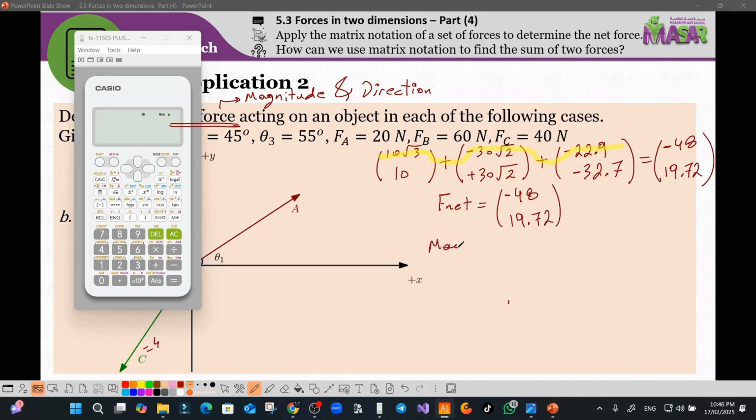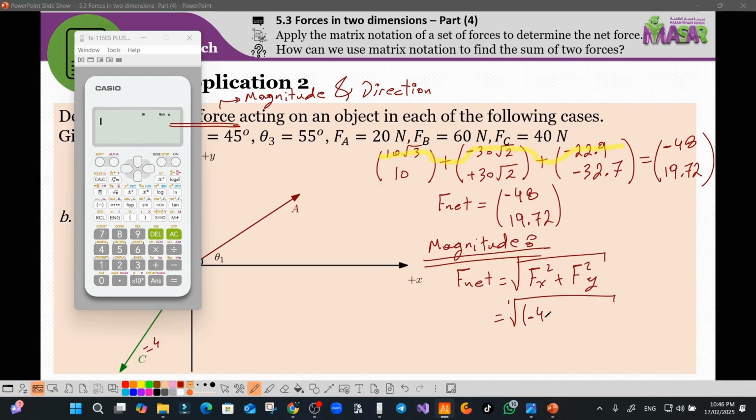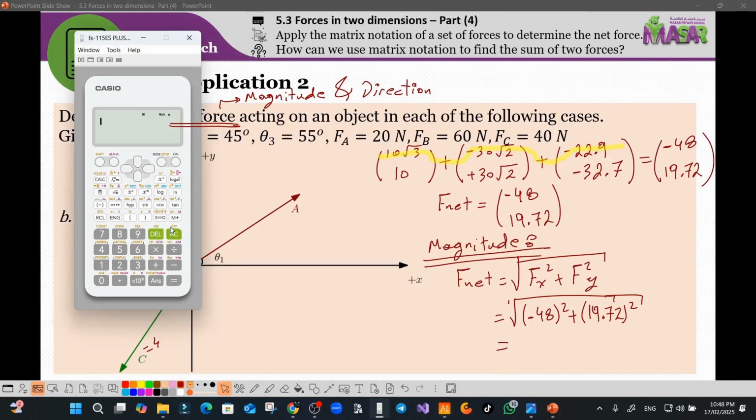Now let's start with the magnitude. And the magnitude is given by the Pythagorean sum since the Fx and Fy are perpendicular to each other. So the magnitude of F net is equal to the square root of Fx squared plus Fy squared, which is equal to minus 48 squared plus 19.72 squared. So 51.89.